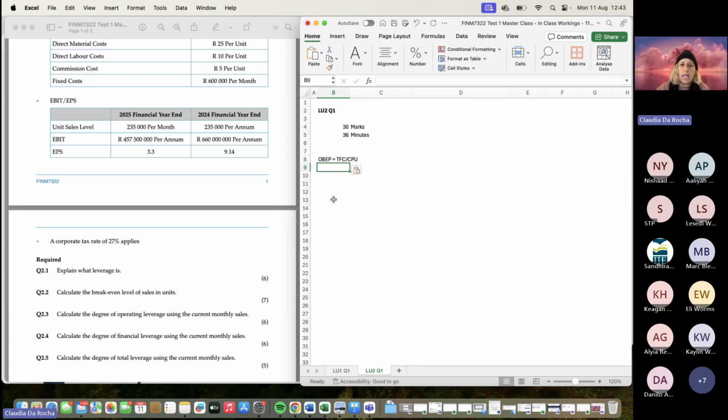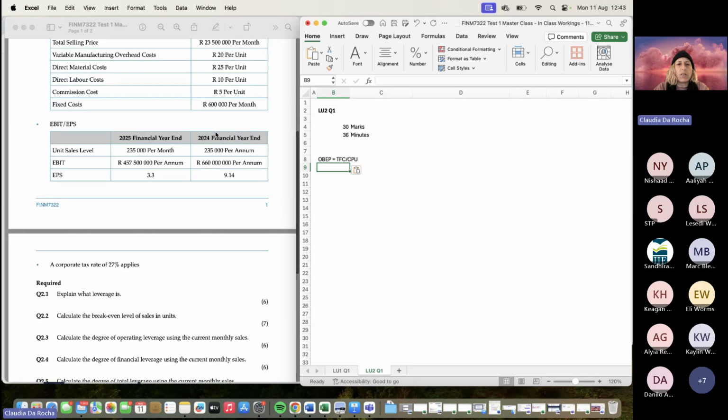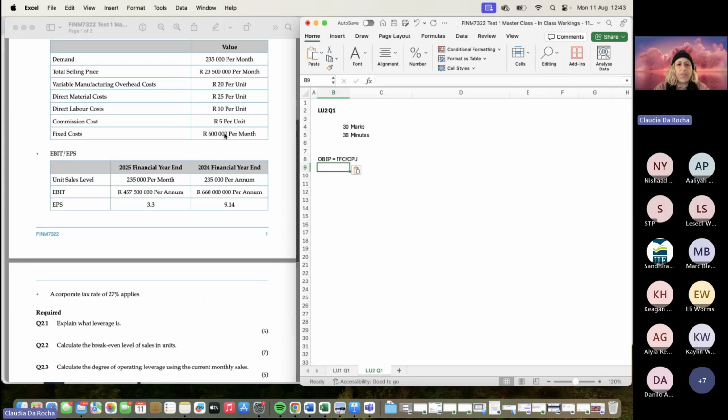We're dealing with 2025. It's 600,000 per month. And we've got our per unit thing. So what's the trick here is that when we calculate our total fixed cost, it has to be for the year.